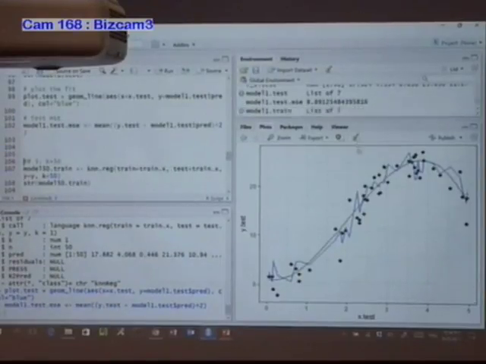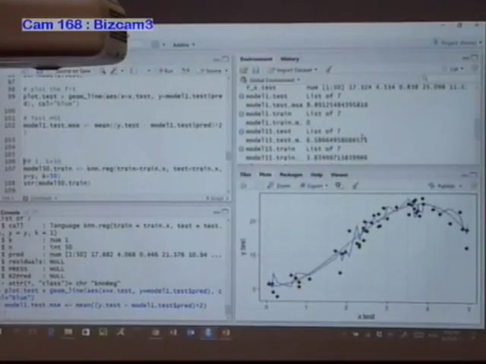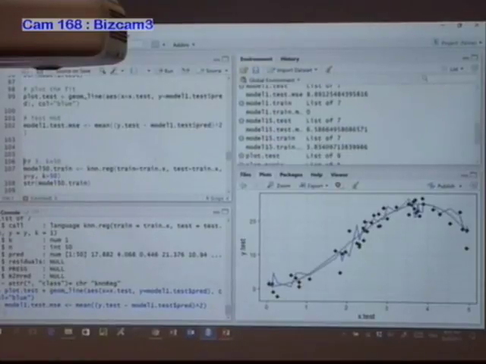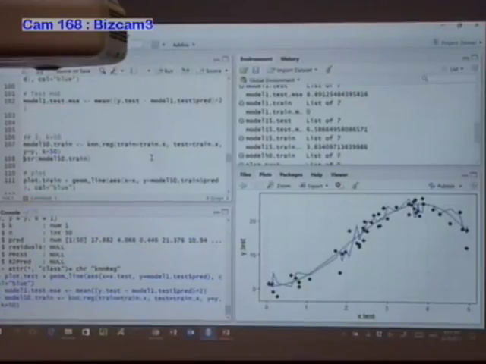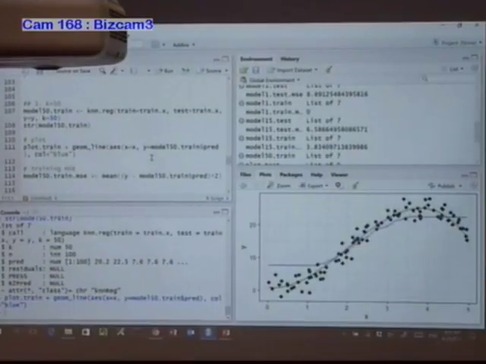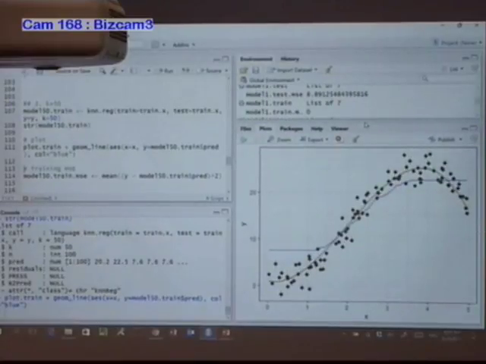Now you can compare this. Test error for model 1 is 8. Test error for model 15 is 6. That's a lot of error. So we can also do 50. Same thing, just quickly. With 50, everybody on this interval will get the same prediction because you're taking 50 neighbors.